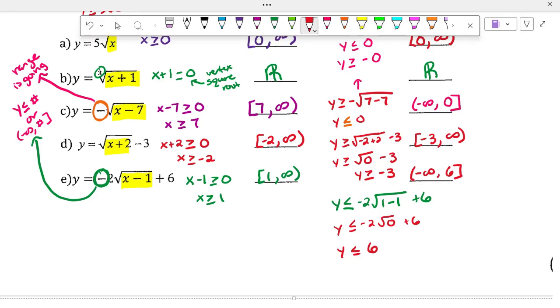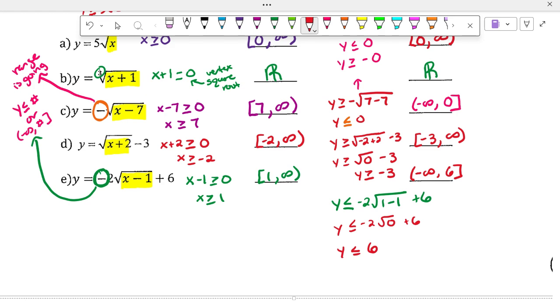Yes, Reynolds. Why don't you use the -3 and the 6 on the outside? Because for domain, all we're focusing on is that we do not want a negative number at all to fall under the radical after we evaluate. In other words, if we plug in some number for x and evaluate that number minus 1, we cannot get a negative number.